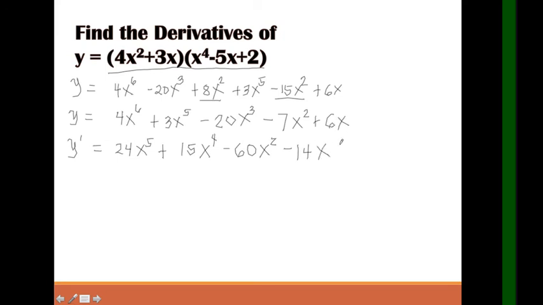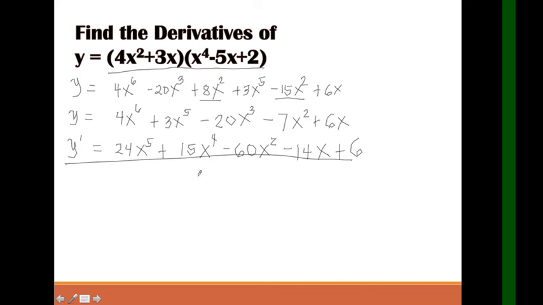And finally, plus 6x, this is the identity rule so we have 6 na lang. Okay, so our answer is 24x raised to 5 plus 15x raised to 4 minus 60x raised to 2 minus 14x plus 6. And ito na yung final answer natin for this particular example, the derivative of the given function.